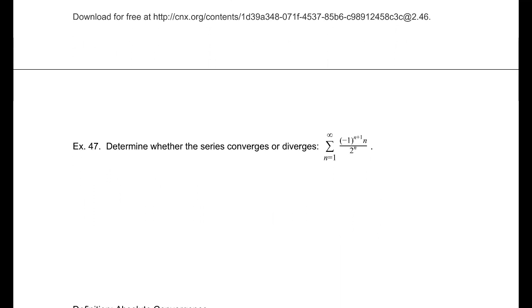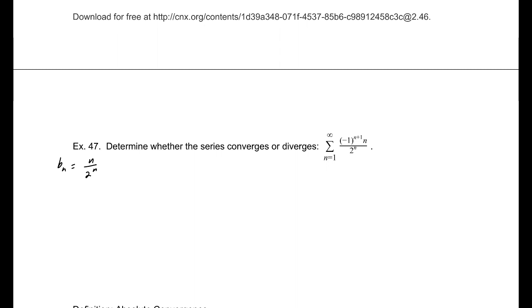All right, 47. We have the sum from 1 to infinity of (-1)^(n+1) times n divided by 2 to the n. Let's first determine if this is decreasing. So b_n is n over 2 to the n.